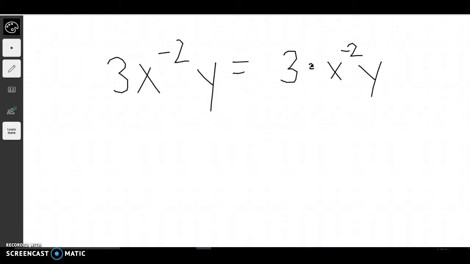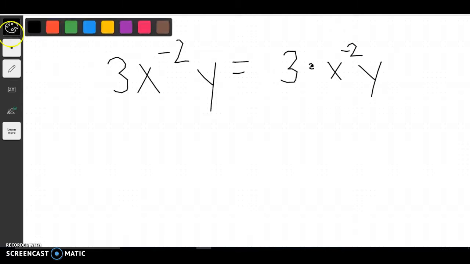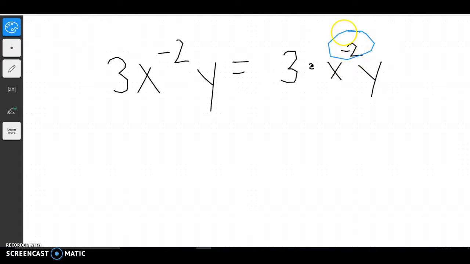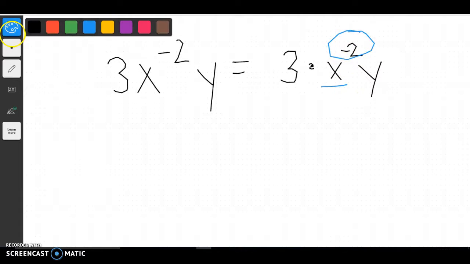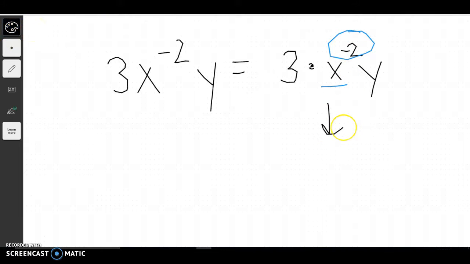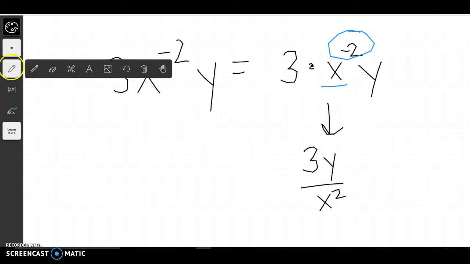So how you deal with a negative exponent is, this is actually saying I'm dividing by x twice, because the opposite of repeated multiplication is division. So that would look something like this.